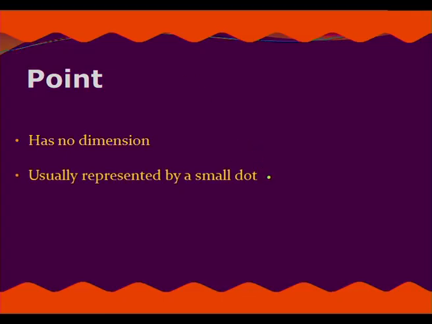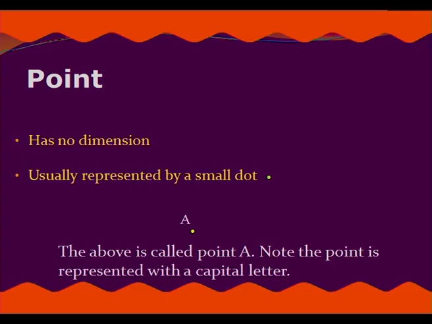You should understand. So, what is a point? It has no dimension, usually represented by a small dot. You see, the above is called a point A. Note, the point is represented with a capital letter.